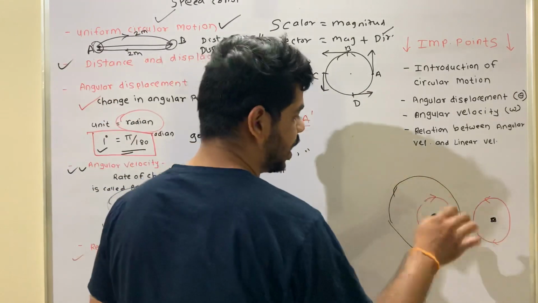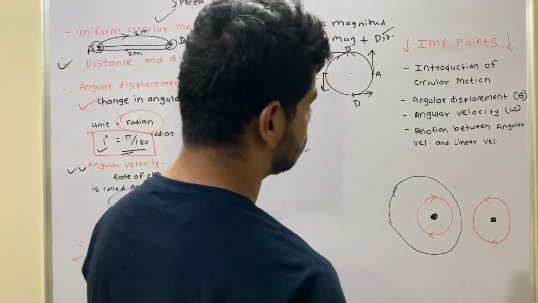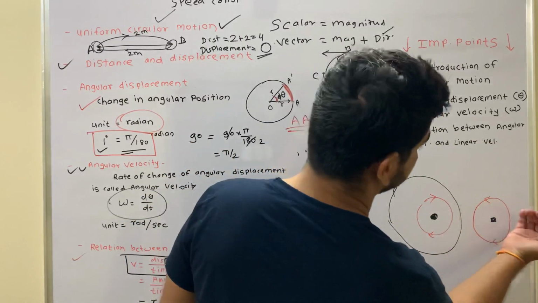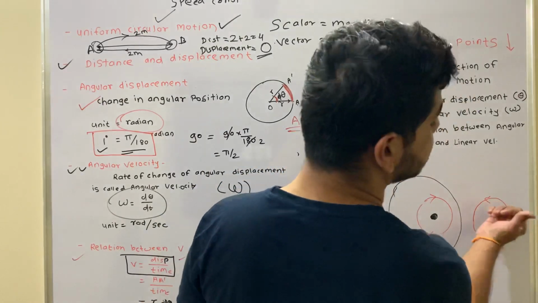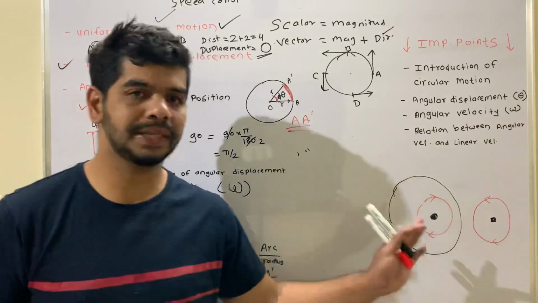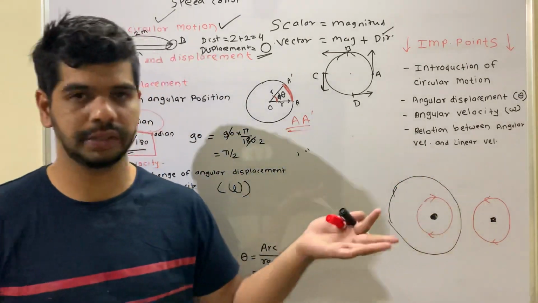If the motion is like this, the angular velocity will be inside the plane. Similarly, if the motion is the other way, the velocity is outside the plane. Clear? So these are the basic things you have to know about the direction of angular velocity.